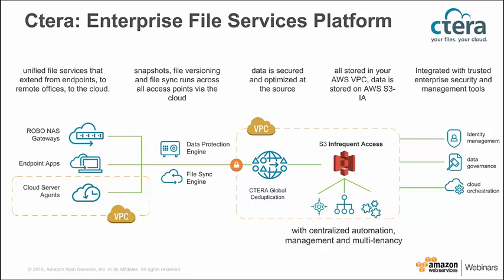It applies data reduction and deduplication techniques to the data, and it stores the data encrypted on S3 Infrequent Access. It also provides a suite of data governance, identity management, and cloud orchestration tools. And another partner that provides a comprehensive endpoint and app server backup solution that you should evaluate is Druva.